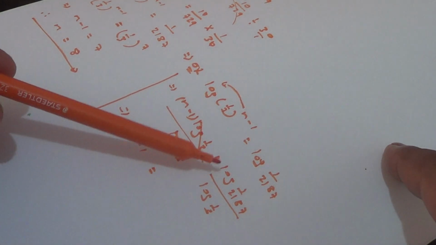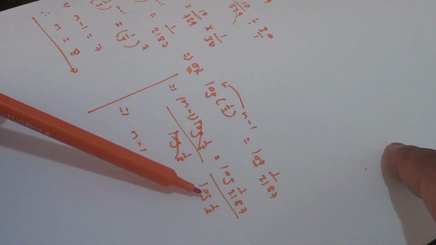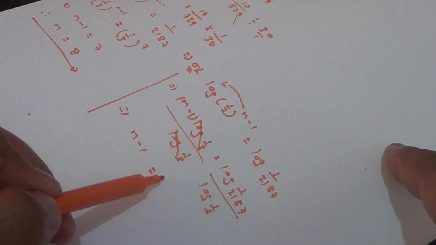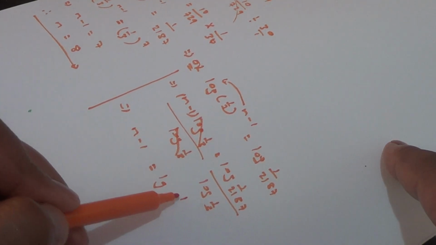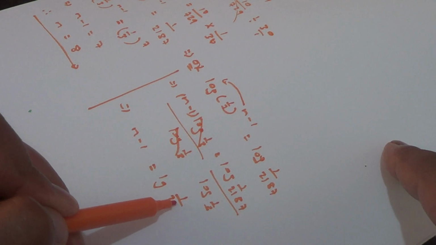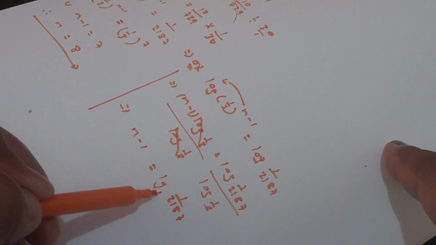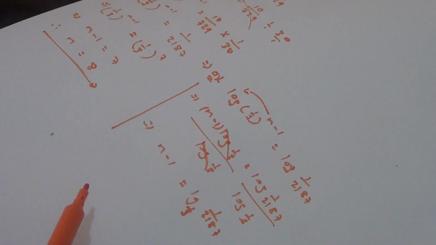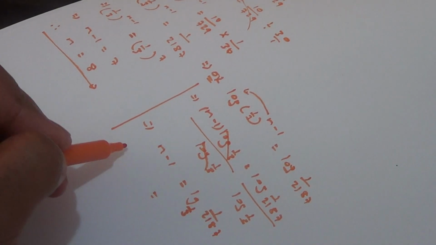Now once you do this, logarithmic rules say this becomes the base and that becomes the number. So this is the same as log of 1 over 2187 to the base 3. Okay, not a problem. So let's see what this is.